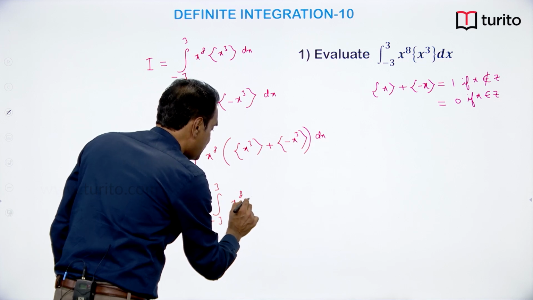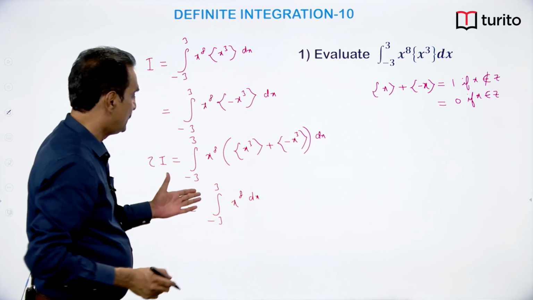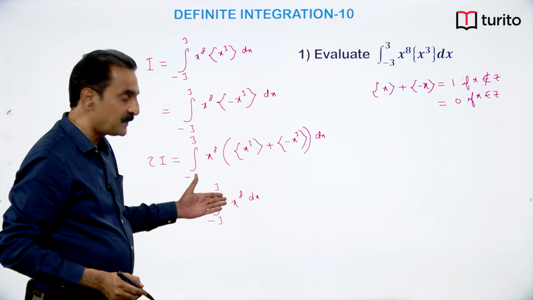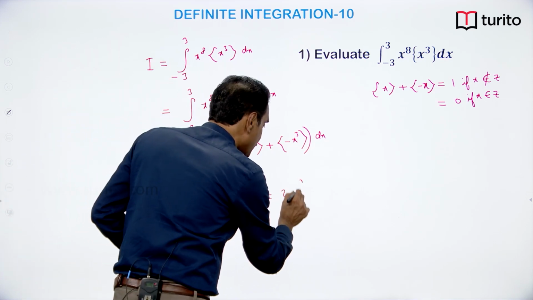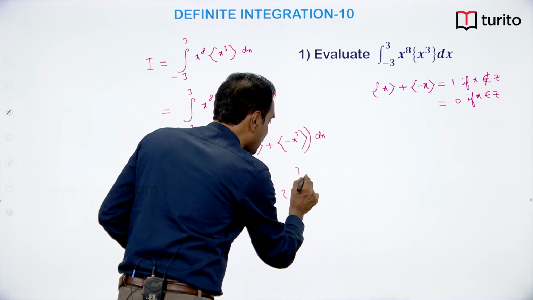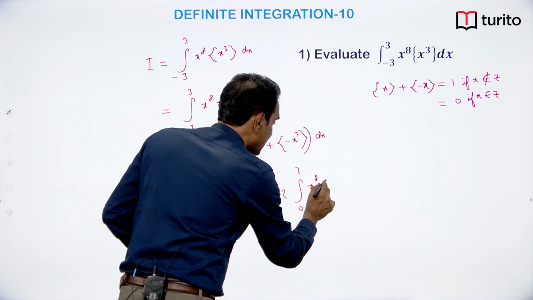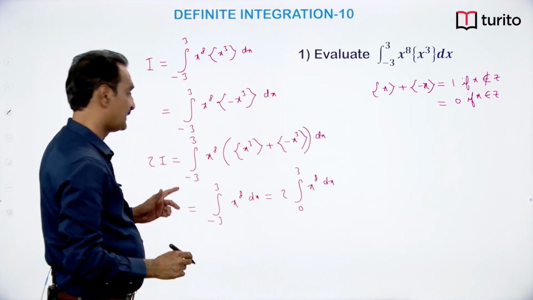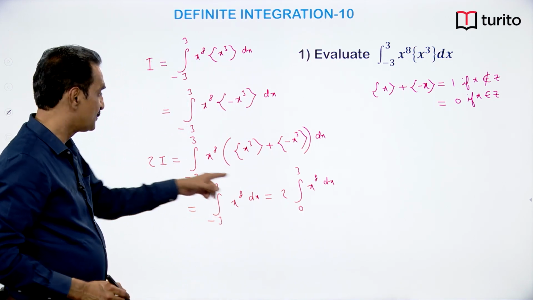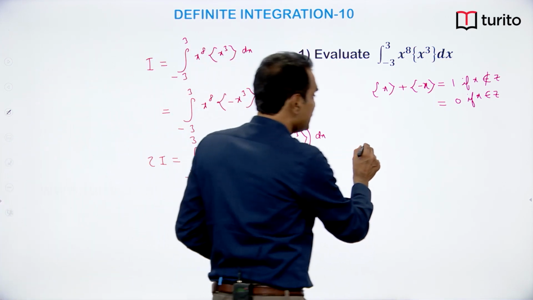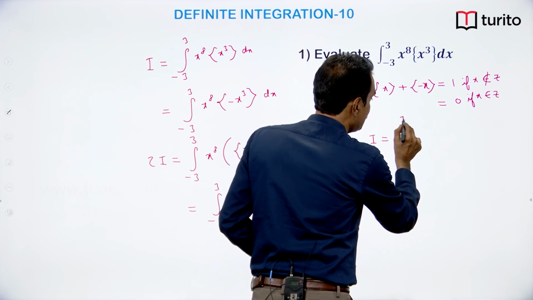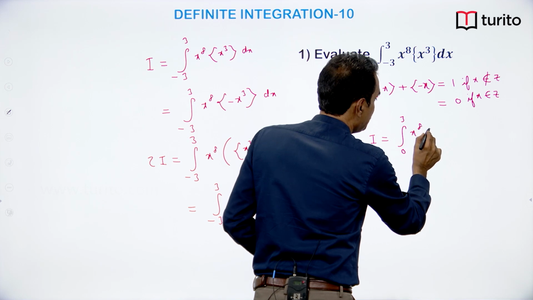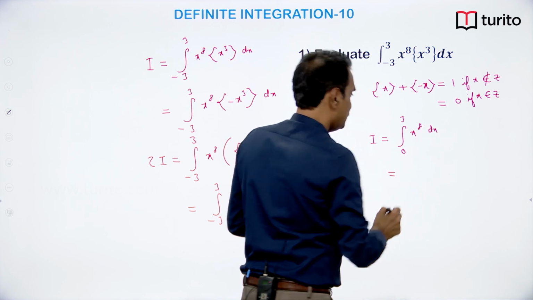x power 8 dx. Now, this function is even, so we can write this as 2 times the integral from 0 to 3 of x power 8 dx. So, 2 cancels, we get I is equal to the integral from 0 to 3 of x power 8 dx.